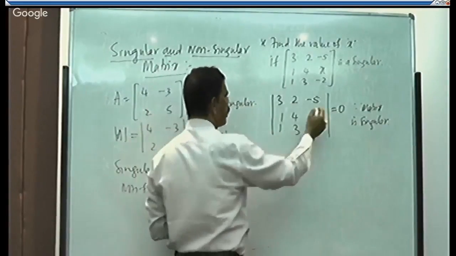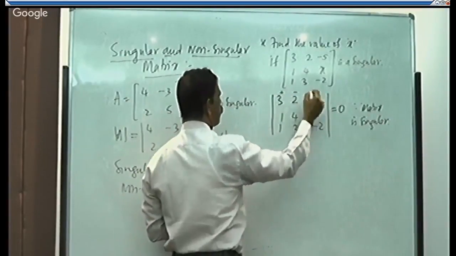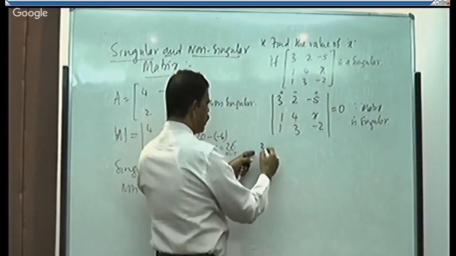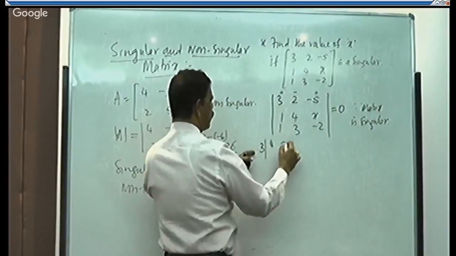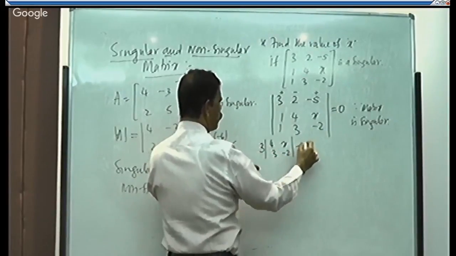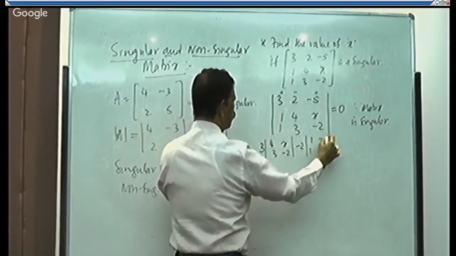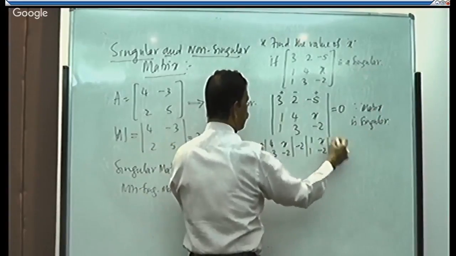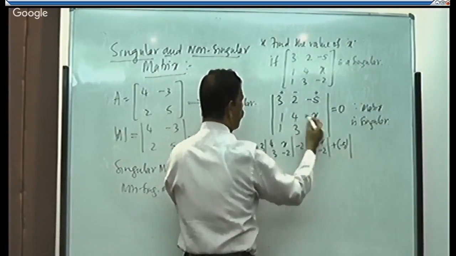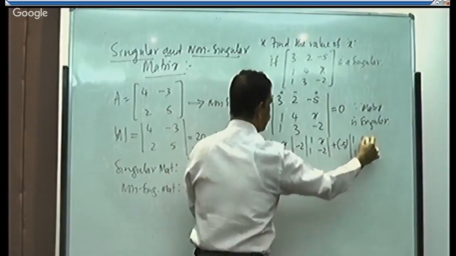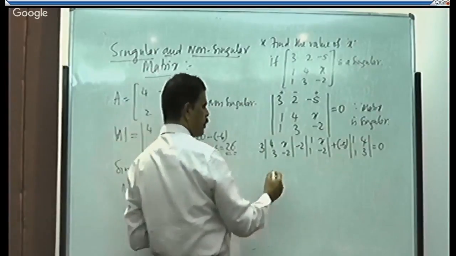Expand it as we know the expansion of determinant, alternately plus minus plus over the first row: 3 into (4 times minus 2 minus x times 3), minus 2 into (1 times minus 2 minus 1 times x), plus minus 5 into (1 times 3 minus 1 times 4), equal to 0.